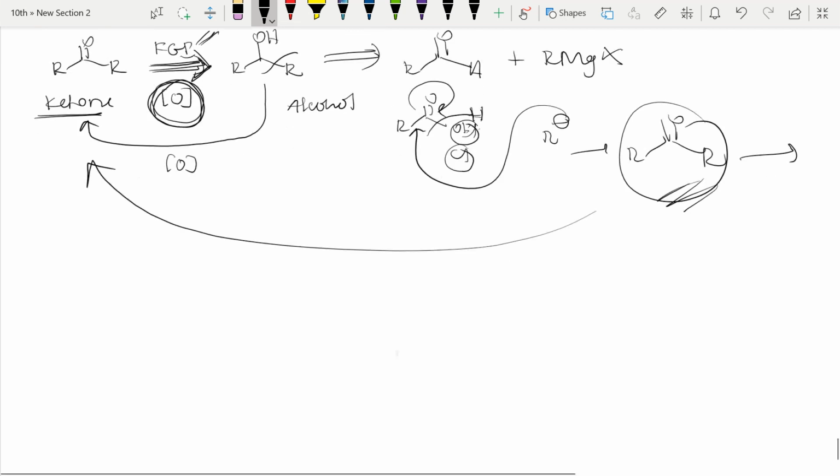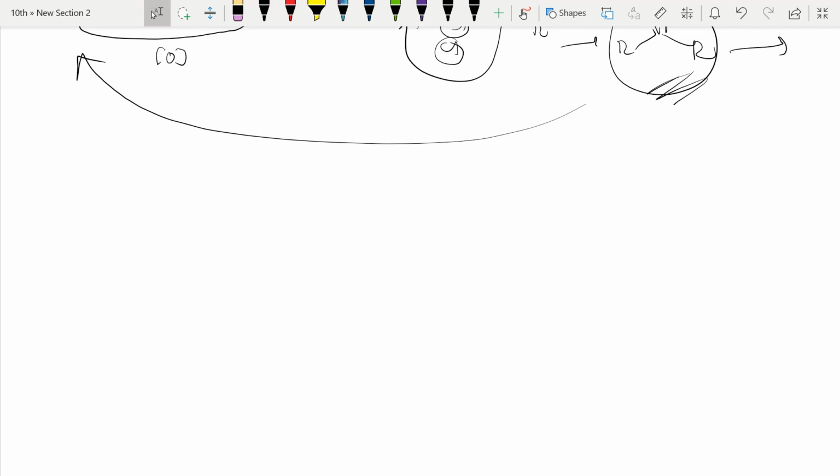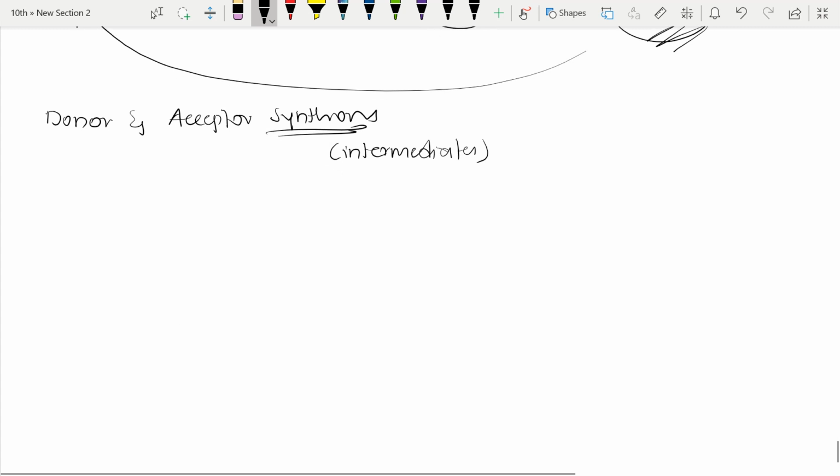Everything I have explained. Let us discuss. We have seen the acceptor and donor synthons, right? Let us briefly summarize that also. Donor and acceptor synthons. I have told you that in retrosynthesis the intermediates we call synthons, right?